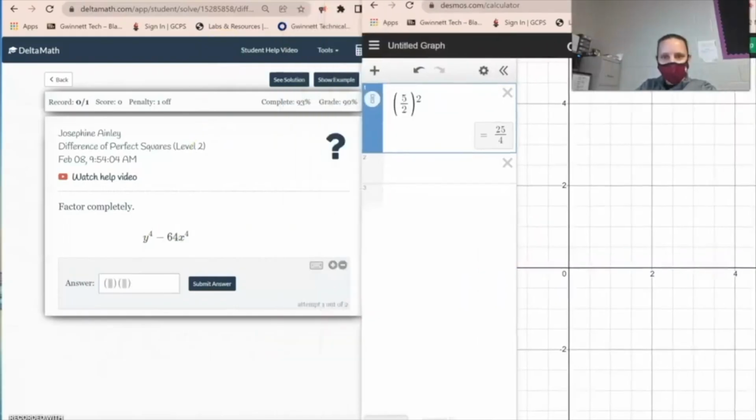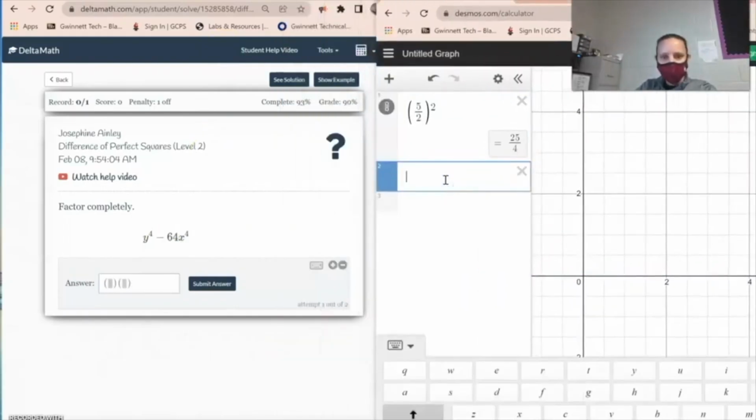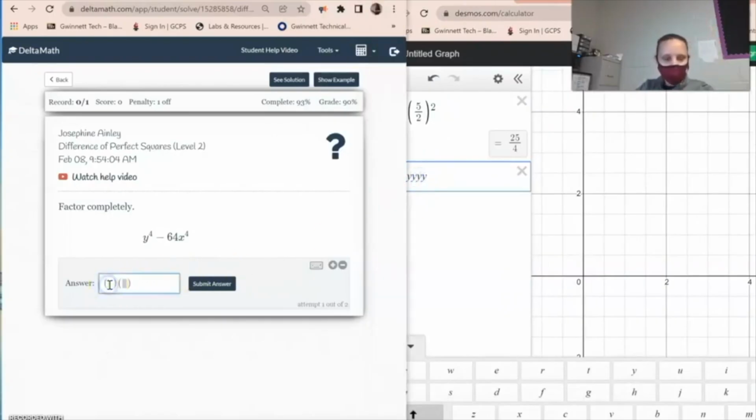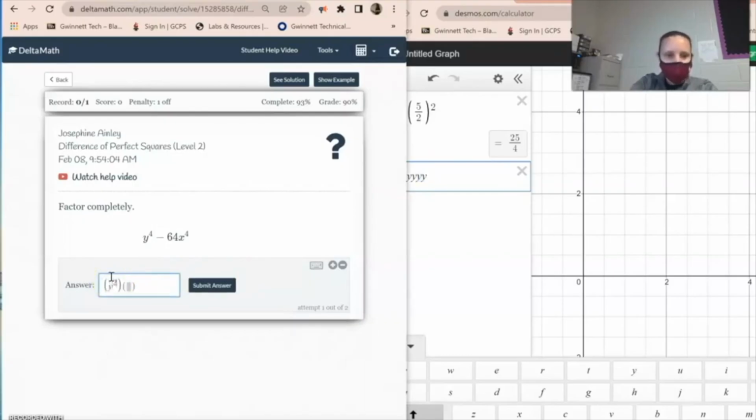It means I have 4 y's, right? 1, 2, 3, 4. So every 2 of them is going to become 1 if I'm going backwards. So I'm going to have 2 total. So square root of y to the 4th power is going to be y to the 2nd power. And then plus or minus.